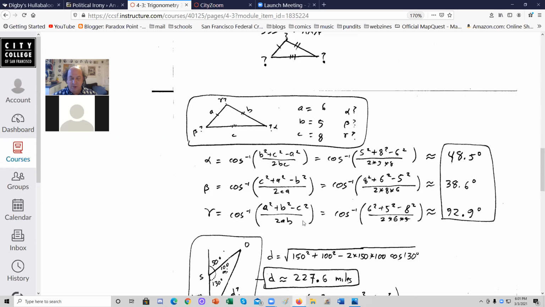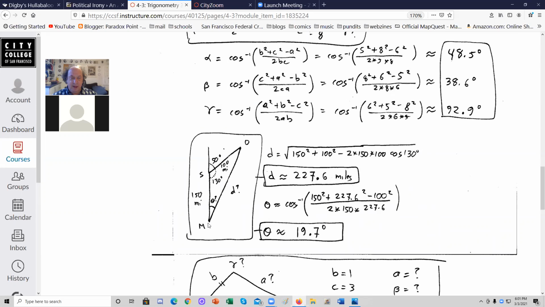But personally, I prefer to use, so to speak, fresher ingredients. I always use the original information whenever possible, rather than derived quantities, because when you derive a quantity, errors may accumulate. So gamma is arc cosine of 6 squared plus 5 squared minus 8 squared over 2 times 6 times 5. That comes out to 92.9 degrees. So we've solved this triangle.